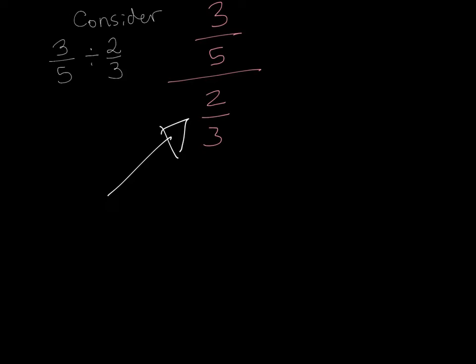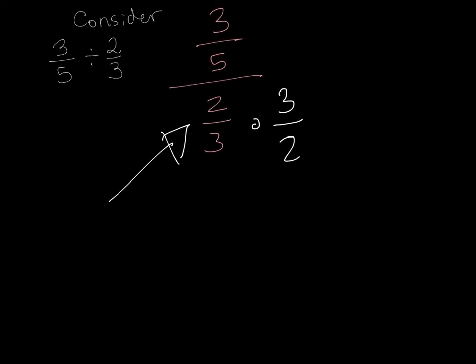And as it turns out, if you multiply a fraction by its reciprocal, which is where you switch the numerator and denominator, you get 1. But if you remember, you cannot simply multiply the denominator of a fraction by a number without also multiplying the numerator to keep it the same value. So I can't just multiply by 3/2 on the bottom. I also have to do it to the numerator here. Okay, so let's see what happens.